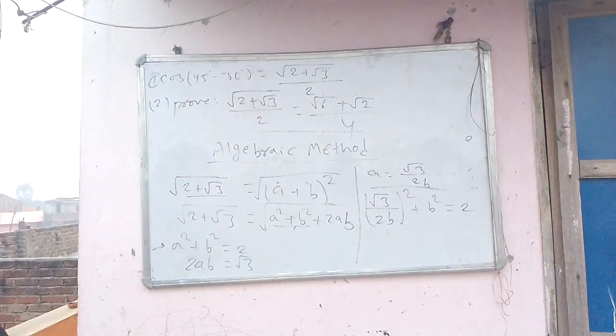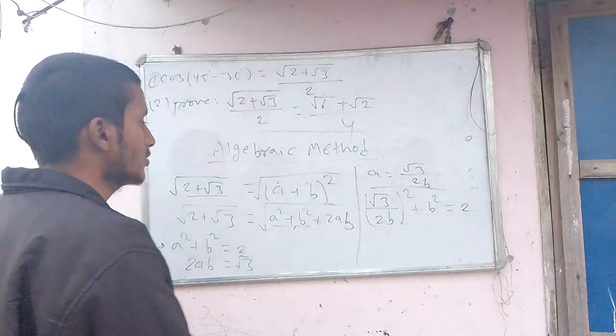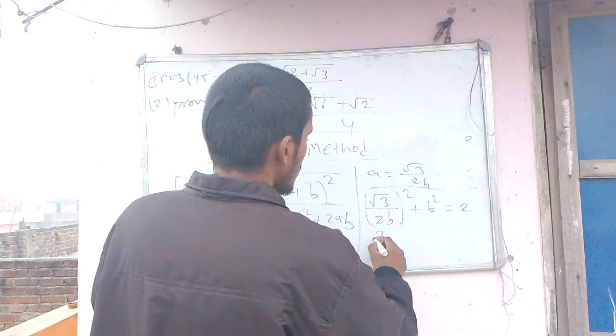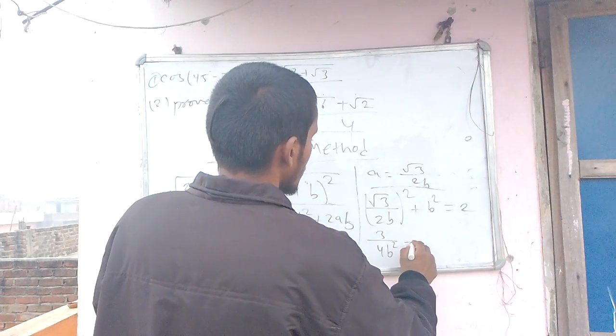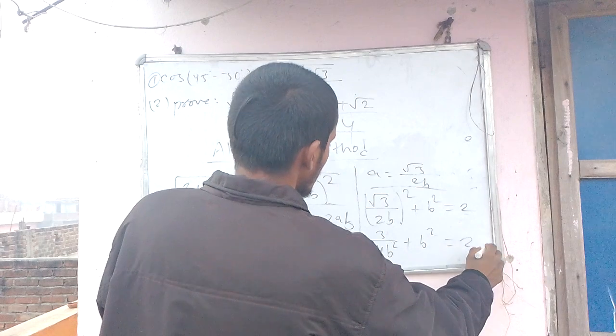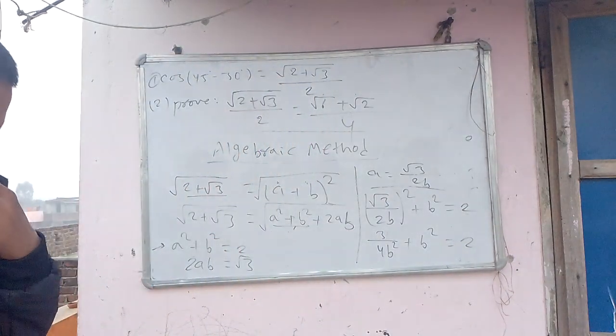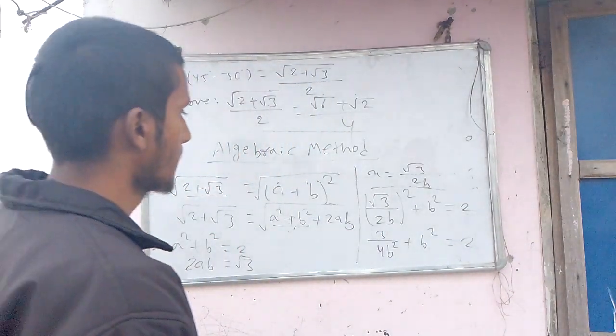Does it make sense till here? So solving this further will give us 3 over 4b squared plus b squared is equal to 2. Easy till this step.